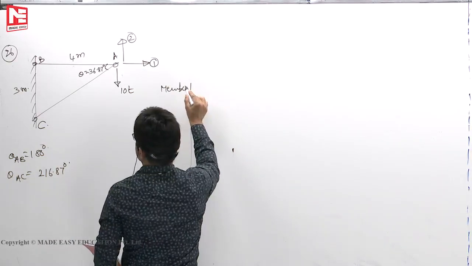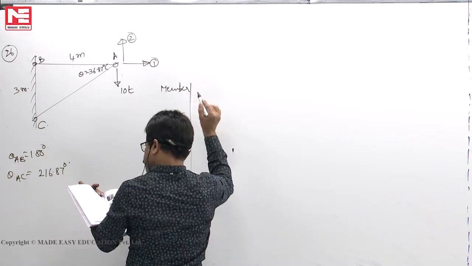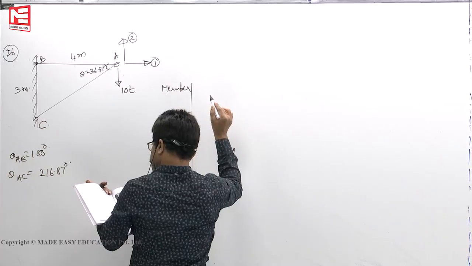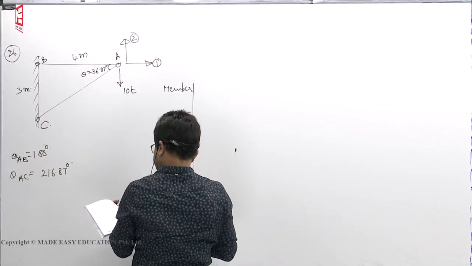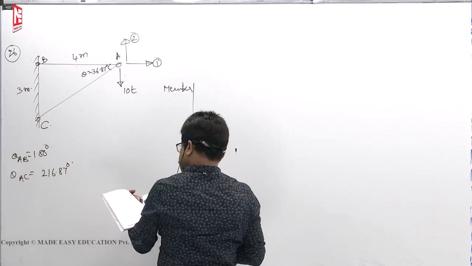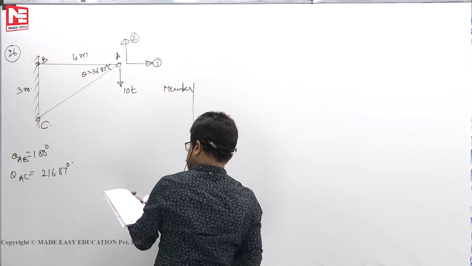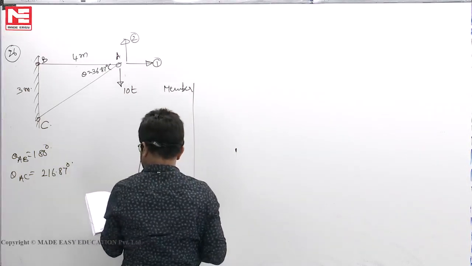So a 2 by 2 matrix means you have to write like this: member, then AE by L. Axial rigidity is different, 100 centimeter square, 200 centimeter square.